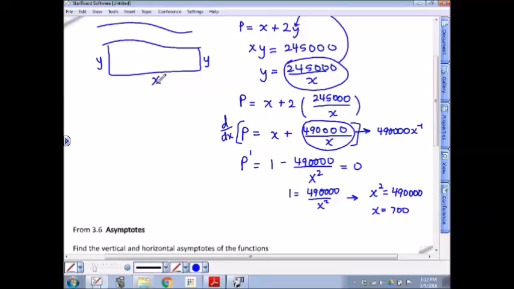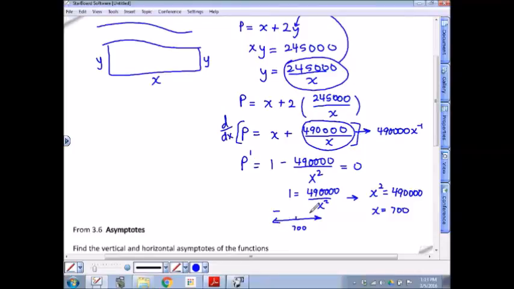And we're supposed to test to make sure this is a minimum value. We're trying to find minimum dimensions. So what you want to do is just do a quick number line check. Taking something to the left side of 700, let's test x equals 1. 490,000 divided by 1 is 490,000. 1 minus 490,000, that's a negative value, so we've got negative.